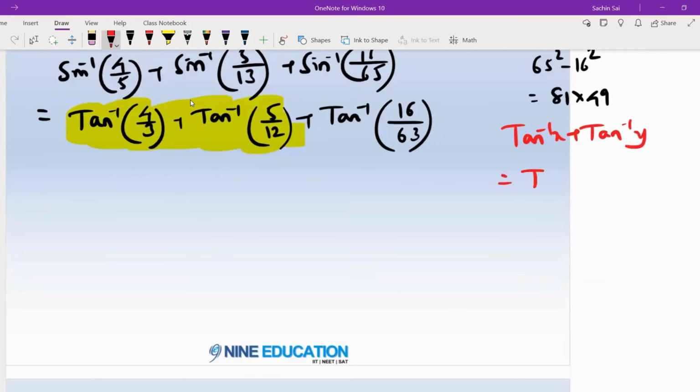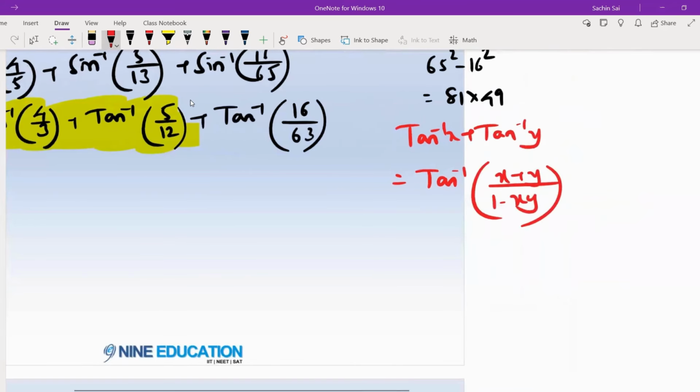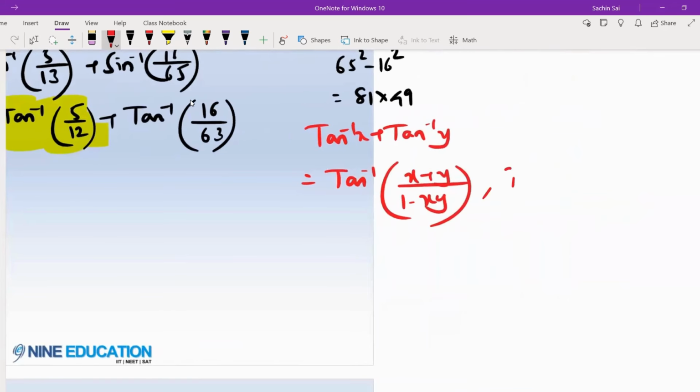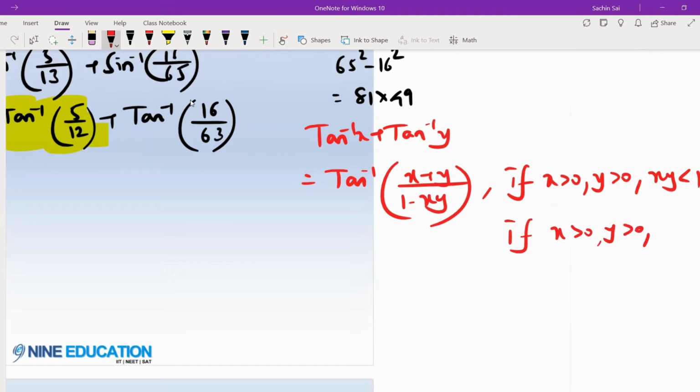So I can write this as tan inverse of x plus y by 1 minus xy. But remember the condition here, this is only applicable if both x and y are positive and xy is less than 1, right? In fact, if both x and y are positive and xy is greater than 1, then this result will change slightly. It will be pi plus tan inverse x plus y by 1 minus xy.